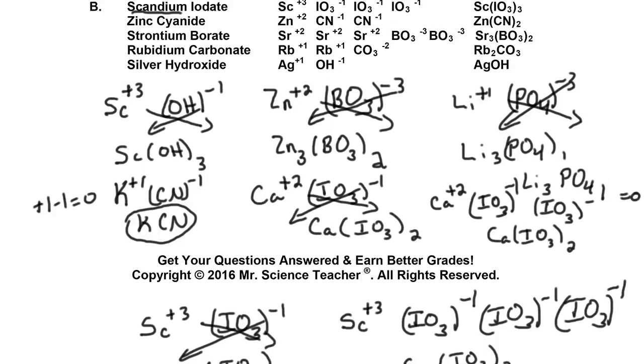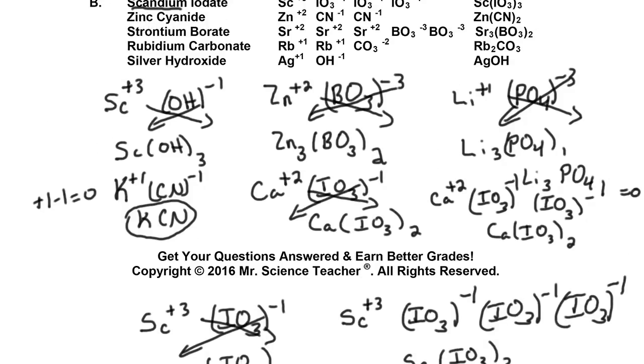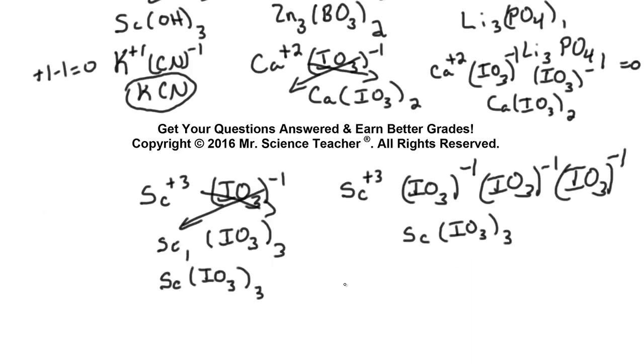All right, so zinc cyanide. Zinc is a +2 ion. Cyanide, CN, that's a -1 ion. My math equation is going to be +2 -1 -1 equals 0. So I'm going to need another one of these cyanides. And I know that this has to be my math equation because zinc is +2.